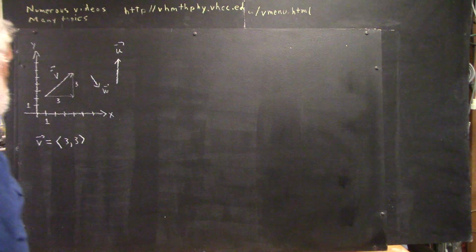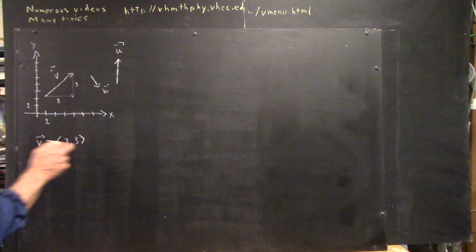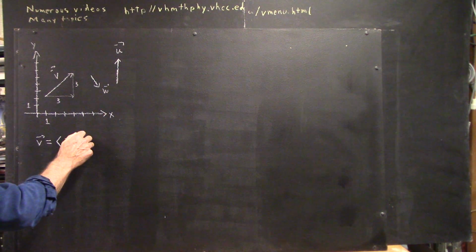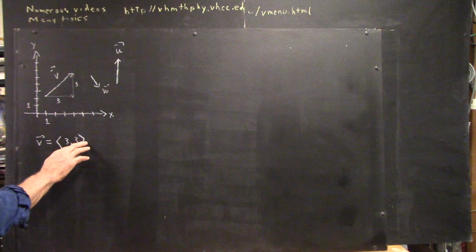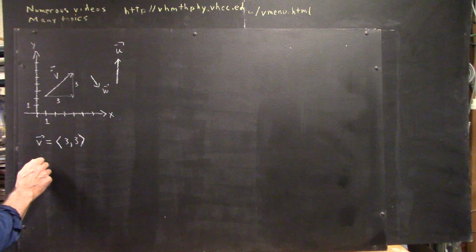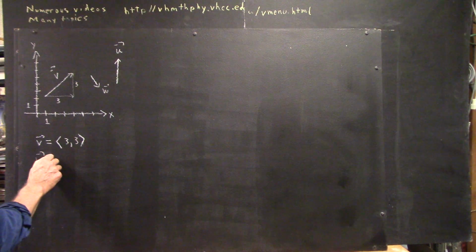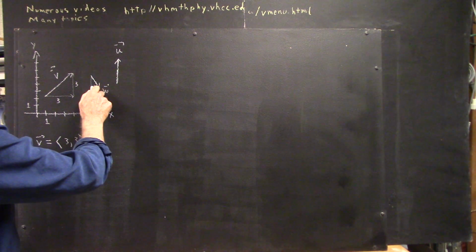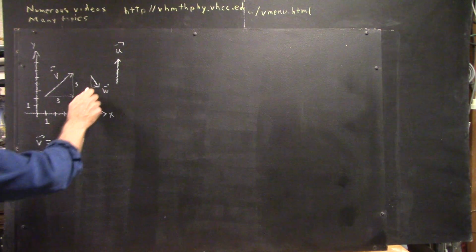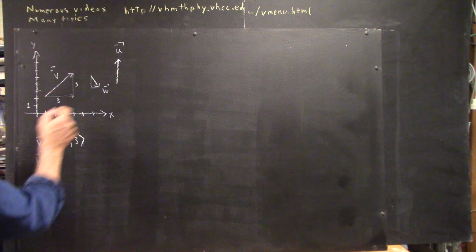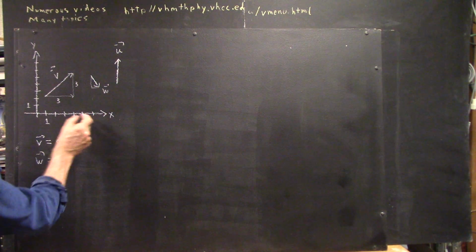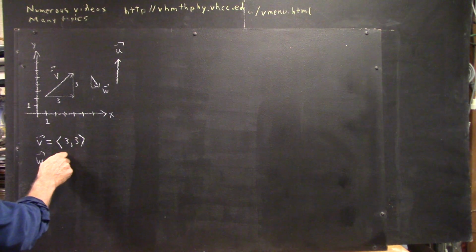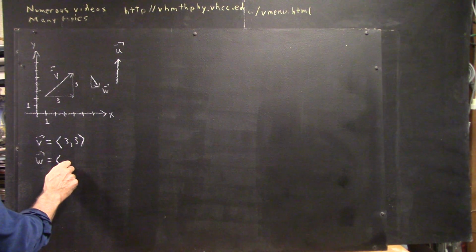Okay, so there's a vector v, and I'm going to use these pointy parentheses, okay? W, what do you think the components of W are? Well, we've got to go down some, we got to go over some. It looks like how far we got to go over, that's about 0.7 units, okay?